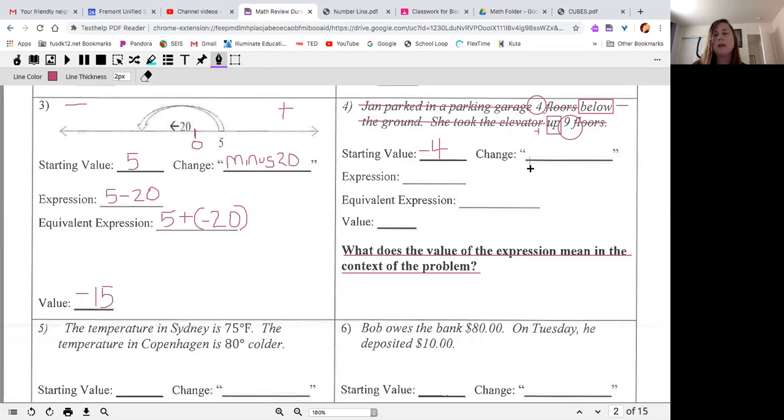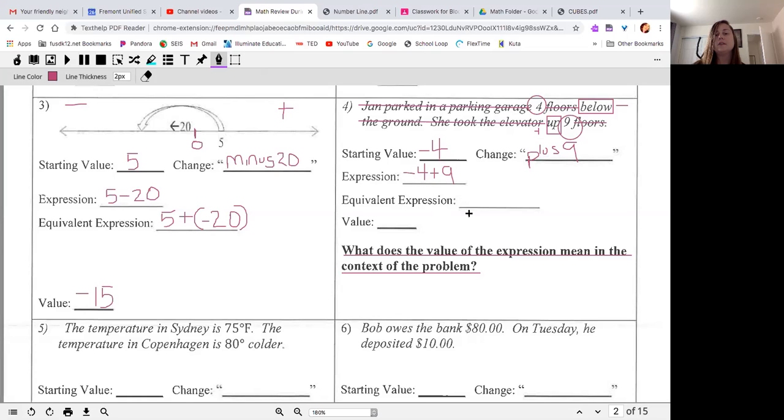So I'm going to add, I'm going to plus 9, P, L, U, S, 9 floors. So if I were to write a problem, how would you write that? I hope you said -4 plus 9, right? Kudos to you.